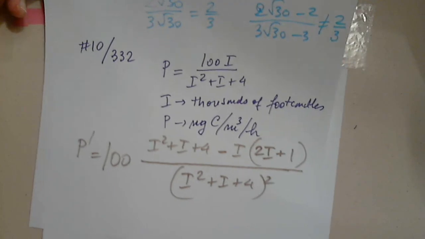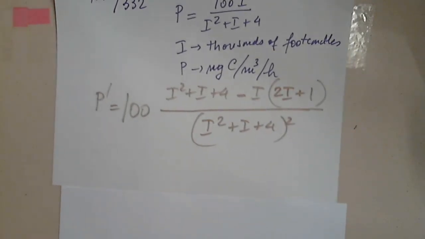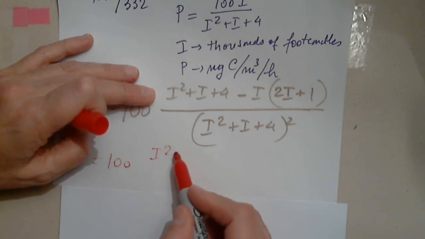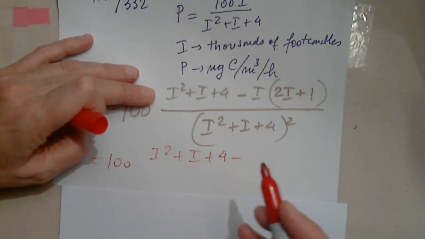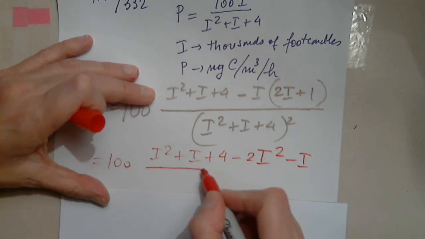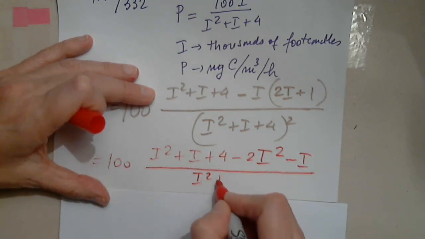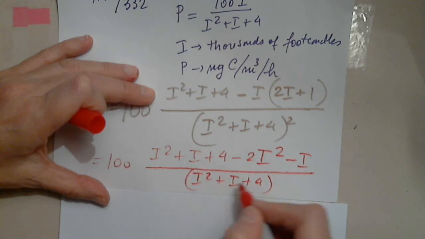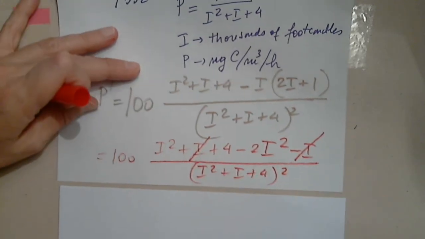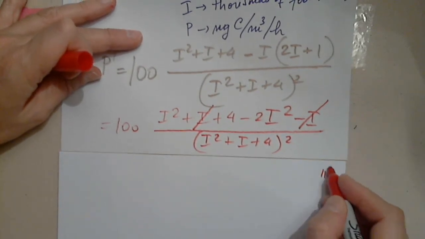Okay, so then I have to clean it up in the numerator as much as possible. So I squared plus I plus 4 minus 2I squared minus I, over I squared plus I plus 4, everything squared. And let's see what we are left with.